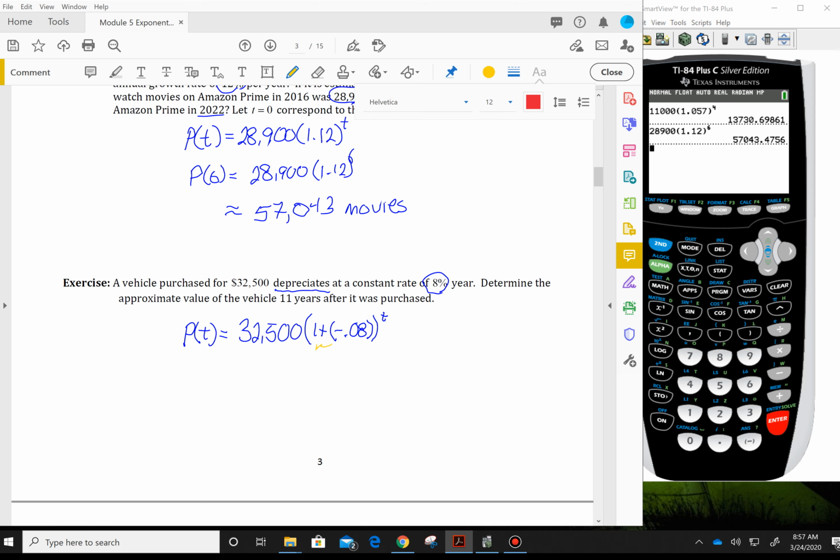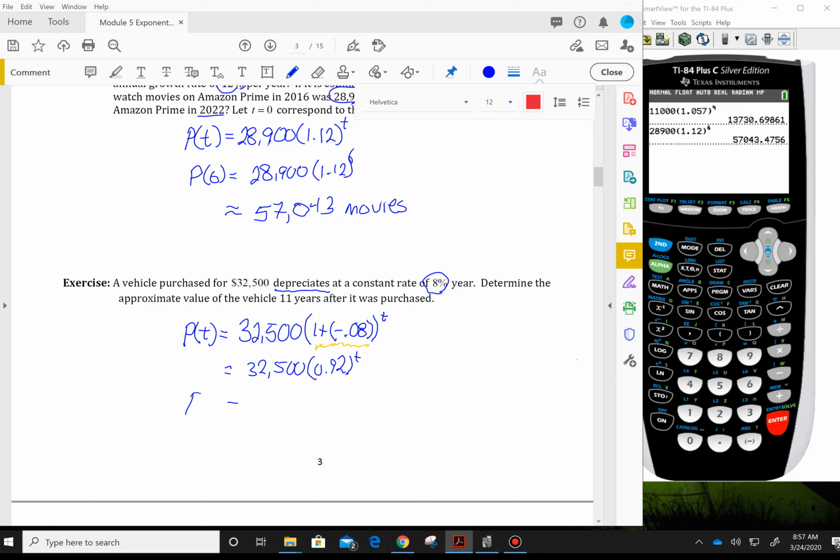Again, it's common to rewrite this inner piece right here. And so if I simplify this, this will be 32,500 times 0.92 raised to the t.